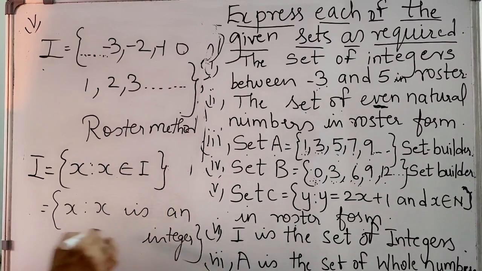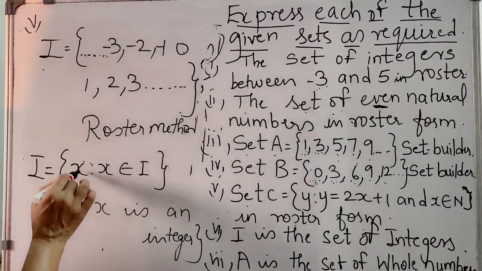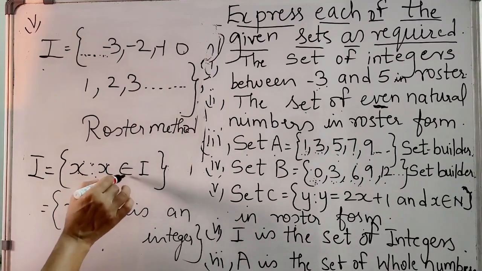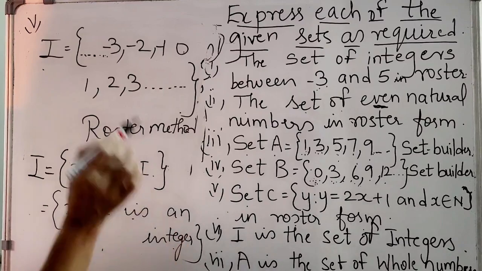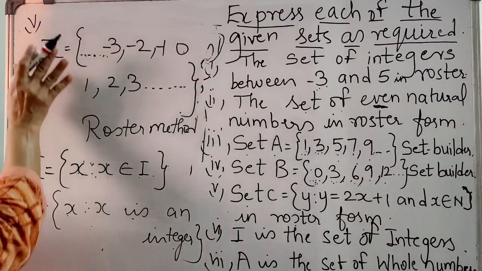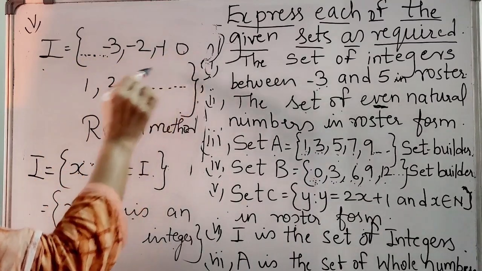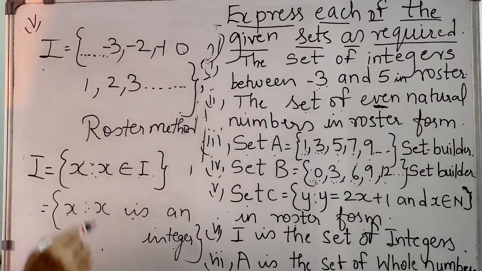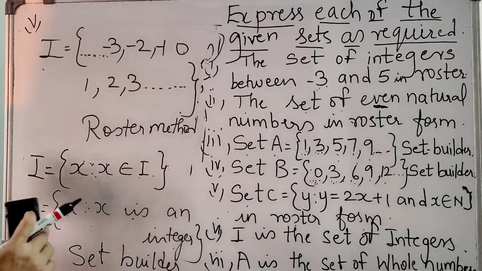So in set builder form you can write in both ways: x such that x belongs to integers, or x such that x is an integer. Or you can write in roster method minus 3, minus 2, minus 1, 0, 1, 2, 3, and these two ways are set builder form. It is very easy, just have to write it correctly.